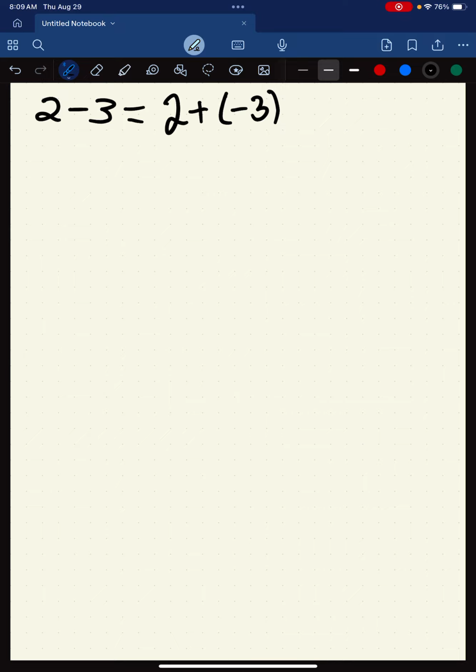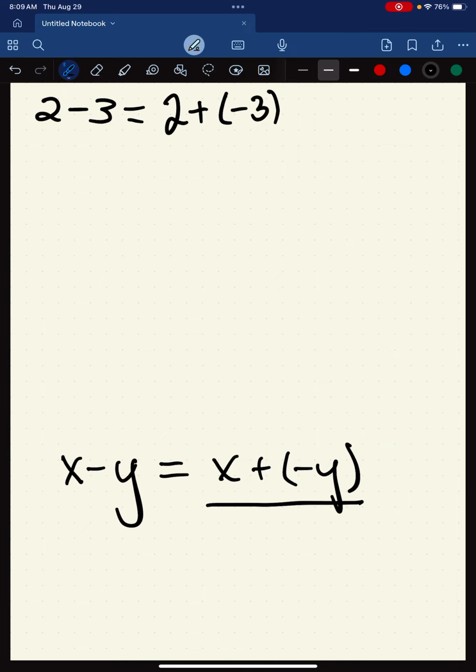These are exactly the same thing. If we have x minus y, that is equal to x plus negative y. Again, as I've mentioned, I think in almost every video so far, I prefer this notation because I think it's a whole lot more clear about what's happening. But this notation is how people in everyday life are going to write it.